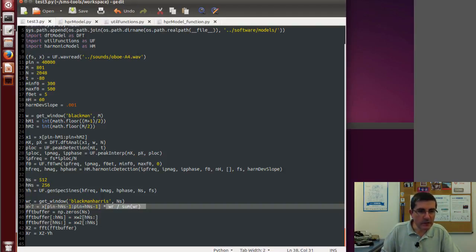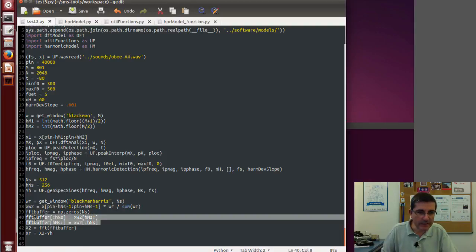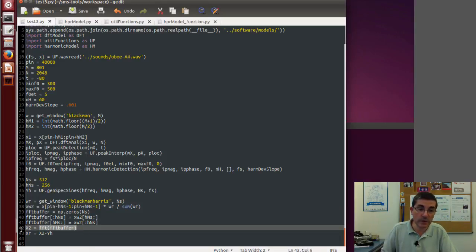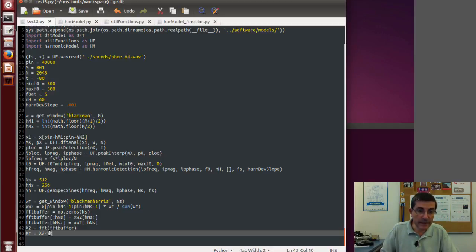Okay, and so this is our new input signal, and then we have to zero-phase window it, so we have to put it around 0, and we do that by defining the FFT buffer we're going to use and centering everything around 0, and then we can compute the spectrum of that. And the subtraction of the sinusoids then becomes easy. It's just a complex subtraction. We subtract the harmonic spectrum from this new spectrum that we just computed.